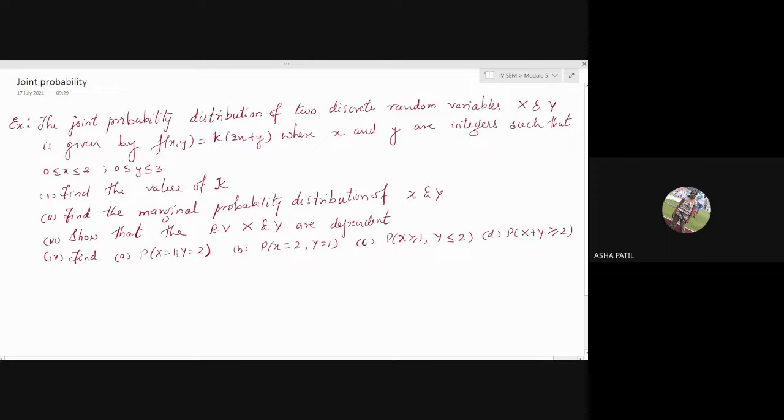Now, find the value of k, then the marginal distributions of x and y, show that x and y are dependent, and further these probabilities are to be calculated.